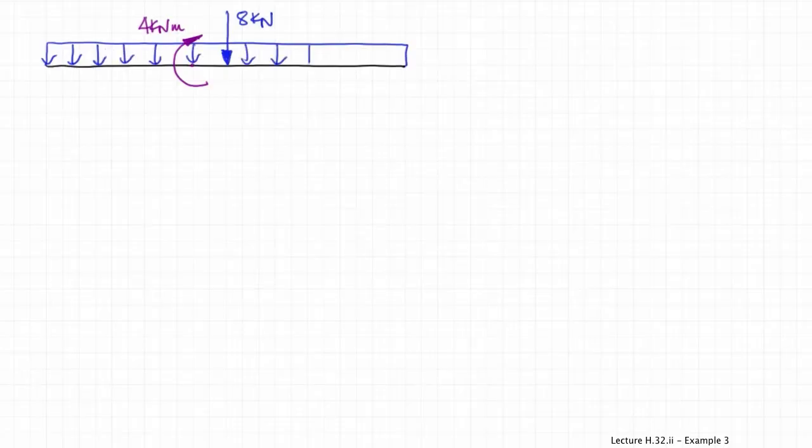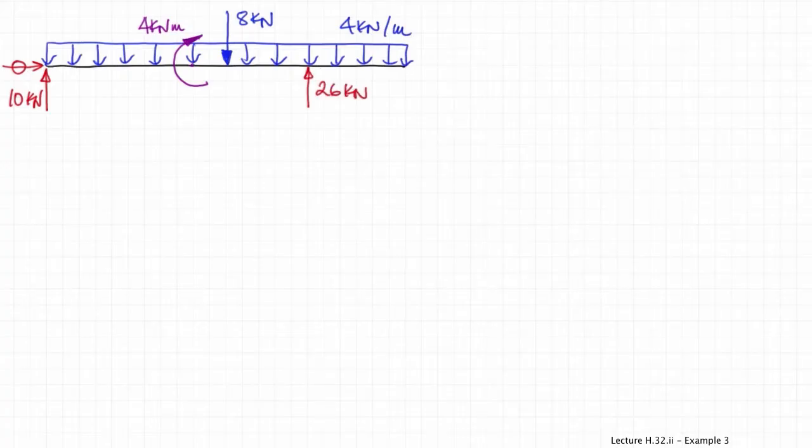The uniformly distributed load acts all along the beam. And then we have the external reaction forces at point A, which was a pin, and then at point D, which was a roller.